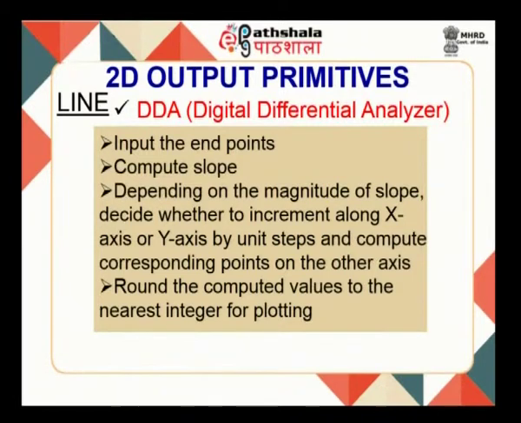While you do your program, do not actually take the division. Instead, m is equal to dy by dx is the standard equation. Then, to avoid taking a division like dy by dx, you can check if dy is less than dx or dx is greater than dy. Accordingly, you can check your slope.